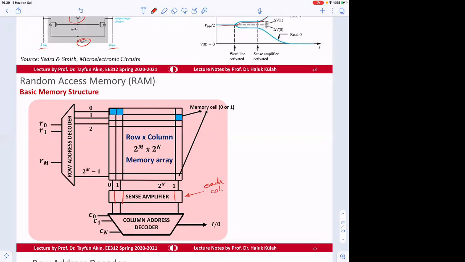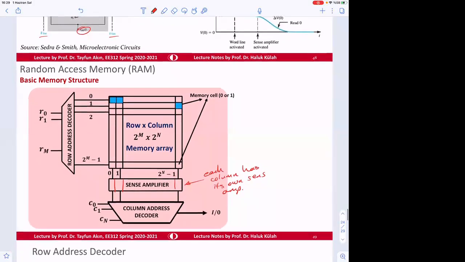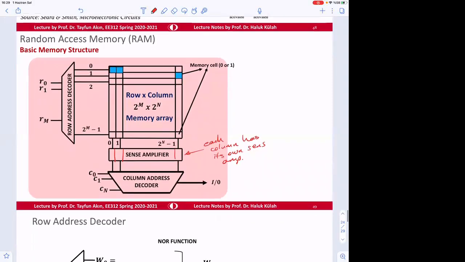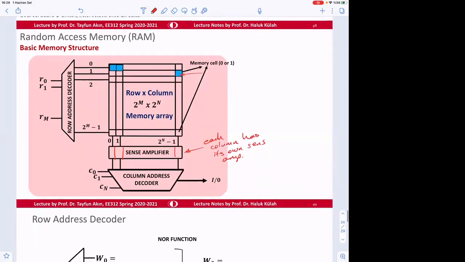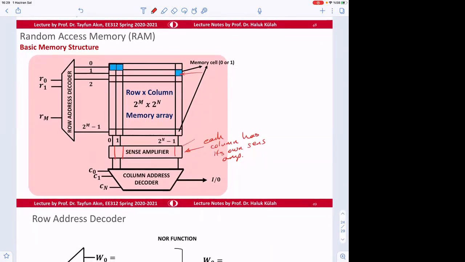Each column has its own sense amplifier. Okay, so that is the general idea of the RAM cells. I mean, there are cells, 6 transistor or 1 transistor, column decoders, and sense amplifiers.